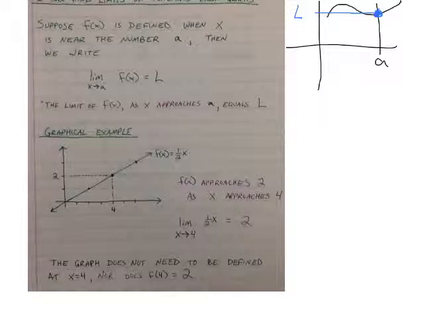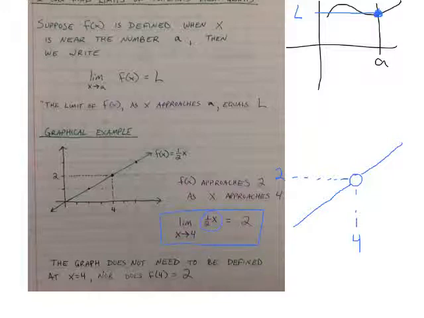So you could have a function that looks like the line that we've drawn, and then at 4 there's a hole. Still, you get the same idea that we're approaching 2 as x approaches 4. And this statement would still be true, except our function has now changed. But the idea is still the same.